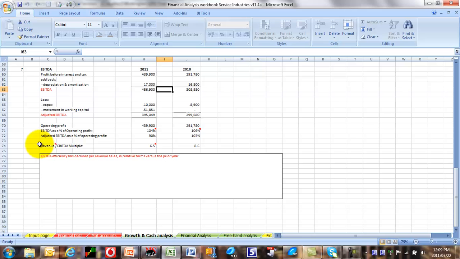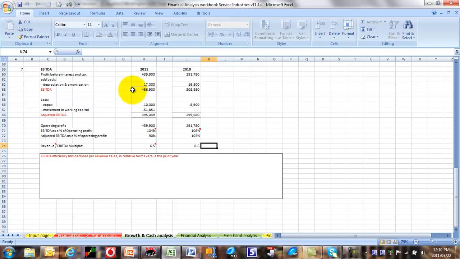So I'm dividing my sales revenue turnover by my EBITDA figure. And because my EBITDA figure is growing, I would expect, if I'm growing my profits faster than my turnover, I would expect my EBITDA multiple to start declining year on year. So a declining indicator in this instance is a positive indicator.